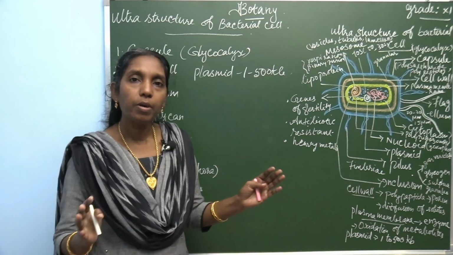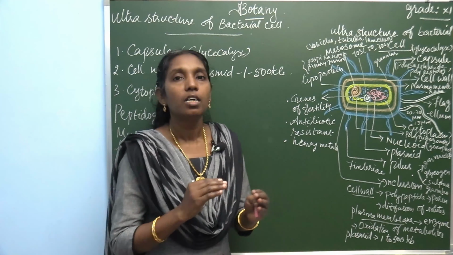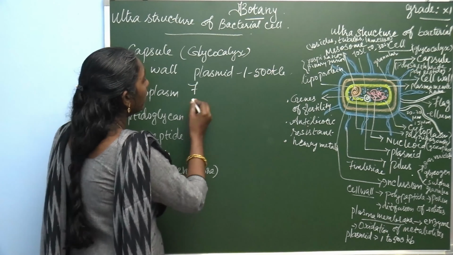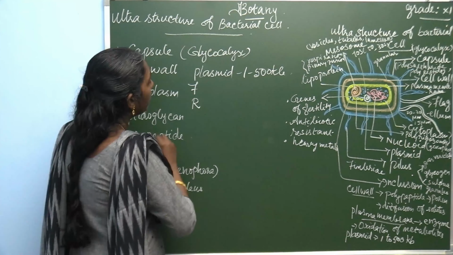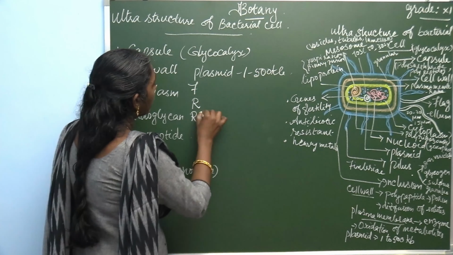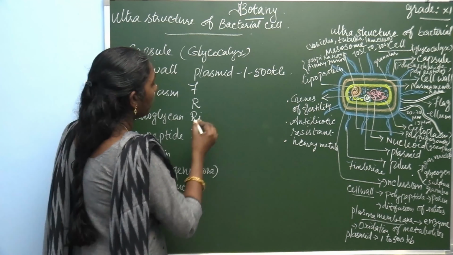And there are a number of plasmids. The types of plasmid are known as F plasmid, R plasmid, Ri plasmid and Ti plasmid.